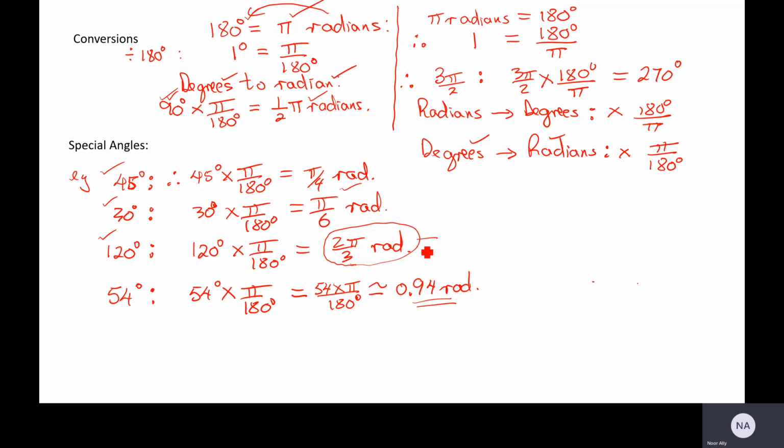In fact, I can use my calculator and work that out, and I can get a decimal. But when it's special angles, we tend to leave it as nice fractions. When it's not, we can convert to decimal places.